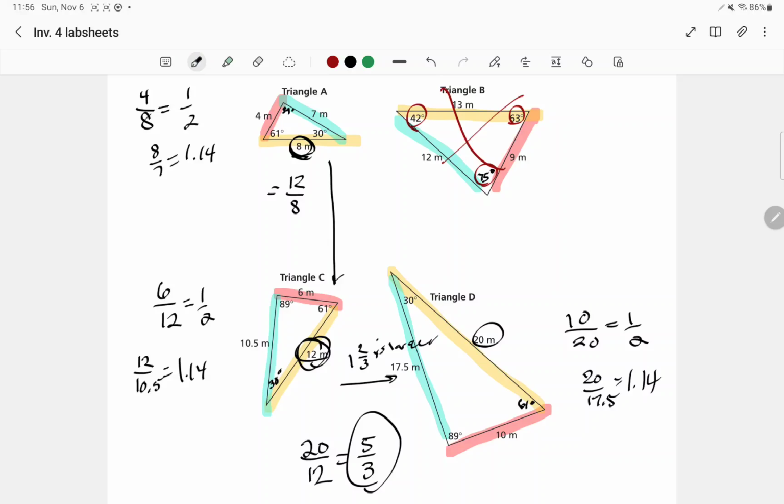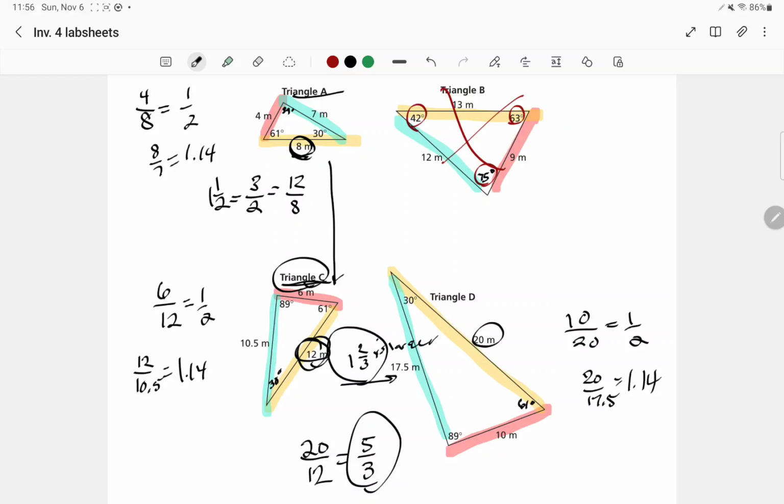But if you compare all of the side lengths from triangle A to triangle B or C, the corresponding side lengths, they're all going to be 12 over 8, which, 4 goes into 12 3 times, is going to be 1 1/2. So triangle C is 1 1/2 times larger. And then C to triangle D is 1 2/3.